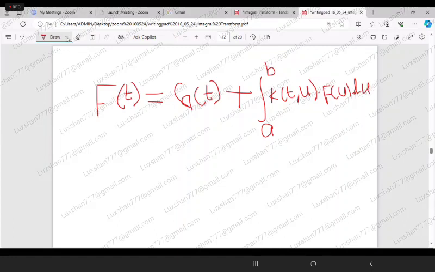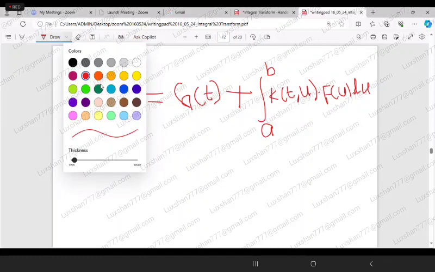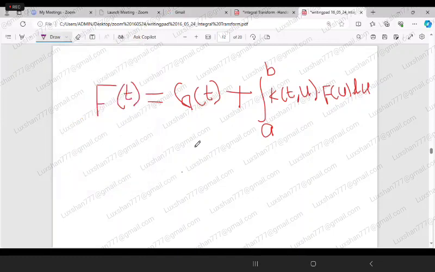Now in this equation, by solving it, our task is to find capital F(t). Look here, this is F(t) and this is F(u). These two are the same.